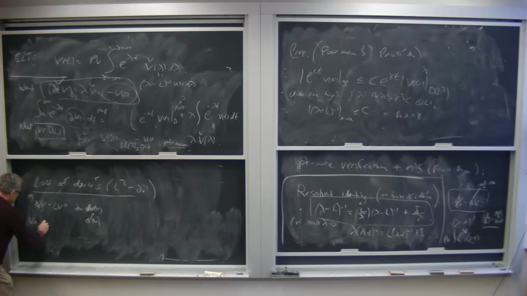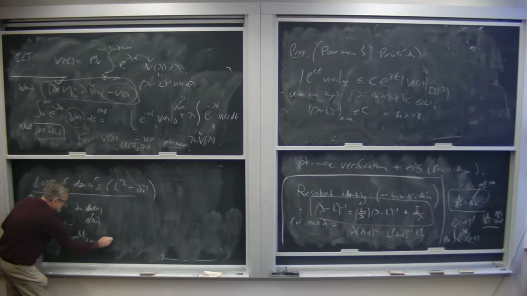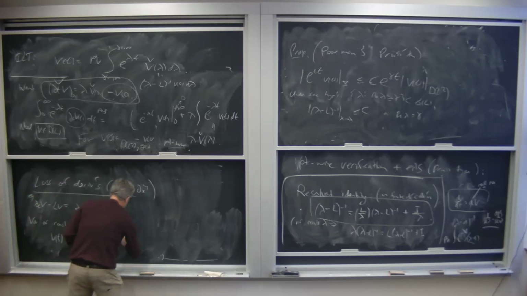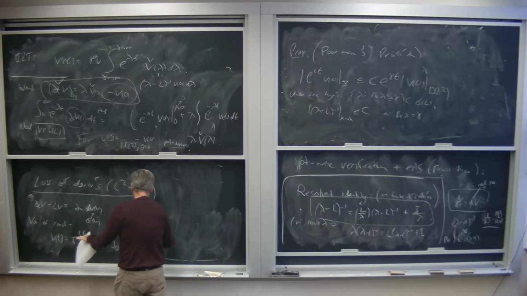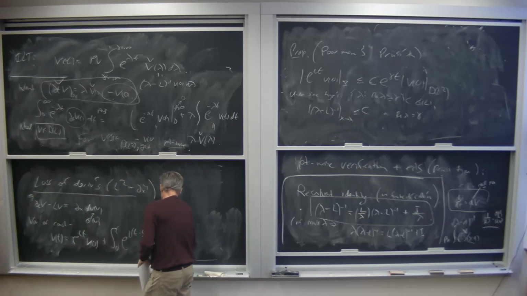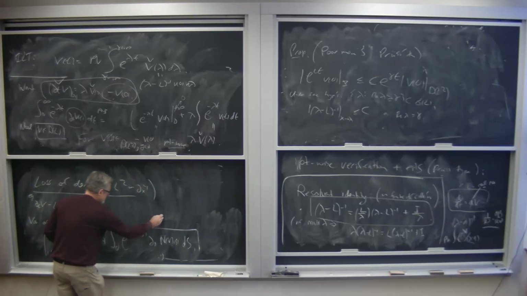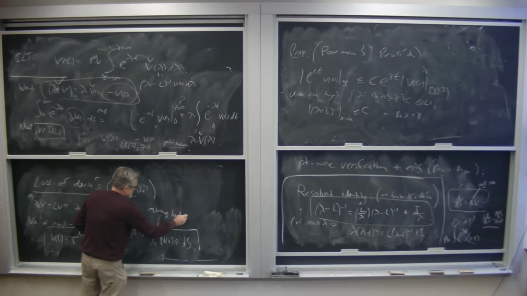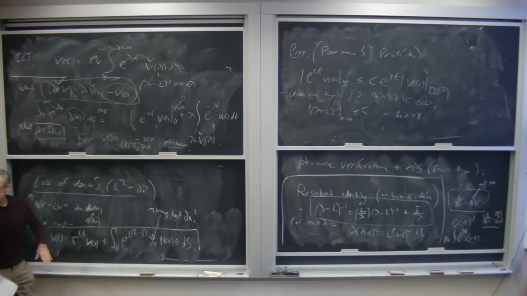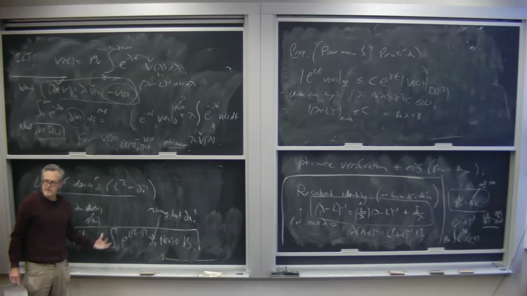Variation of constants, the inhomogeneous linear solution formula, says that v of t will therefore be e to the Lt v of 0 plus the integral from 0 to t of e to the L(t minus s) times dx N of v of s ds. So I just want to point out that we already lost a derivative just by separating things into linear and nonlinear parts.